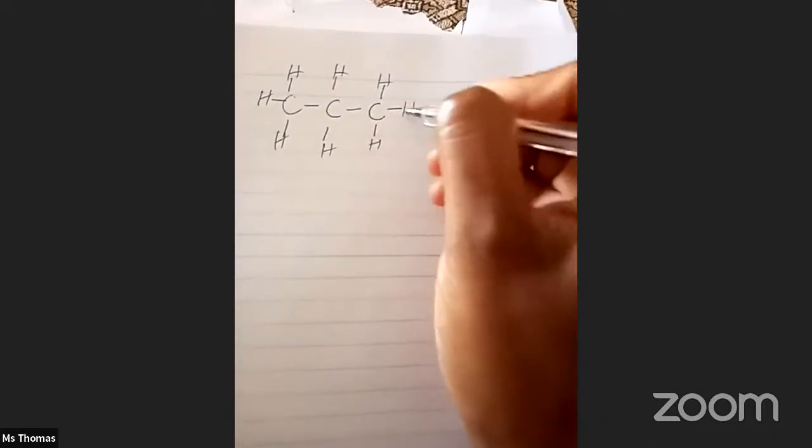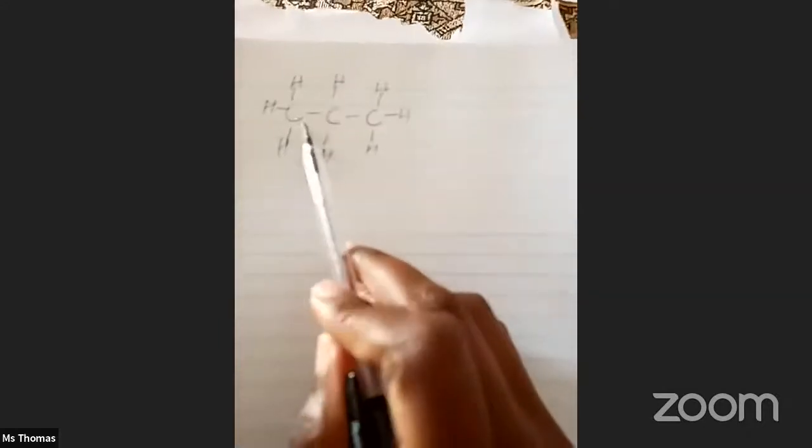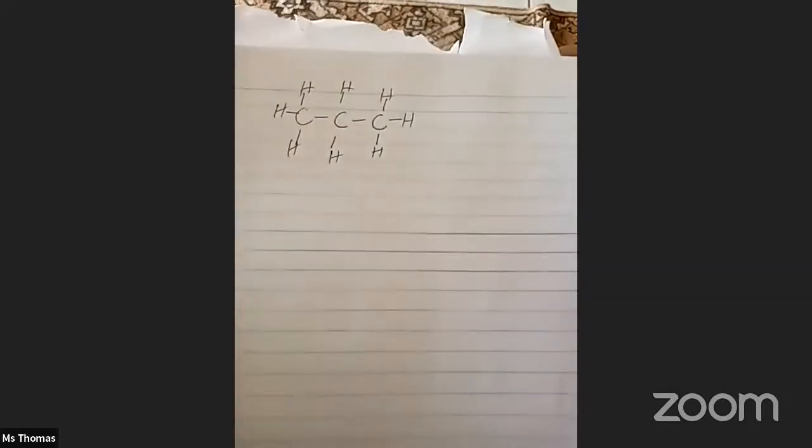All right. How many carbons does this have? 3. So when you have 3 carbons, what is going to be the prefix in the name? Prop. Very good. So 3 means prop.